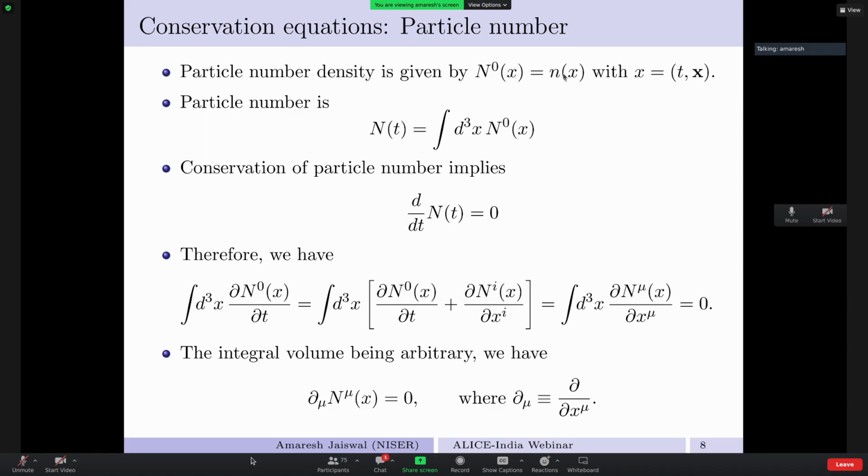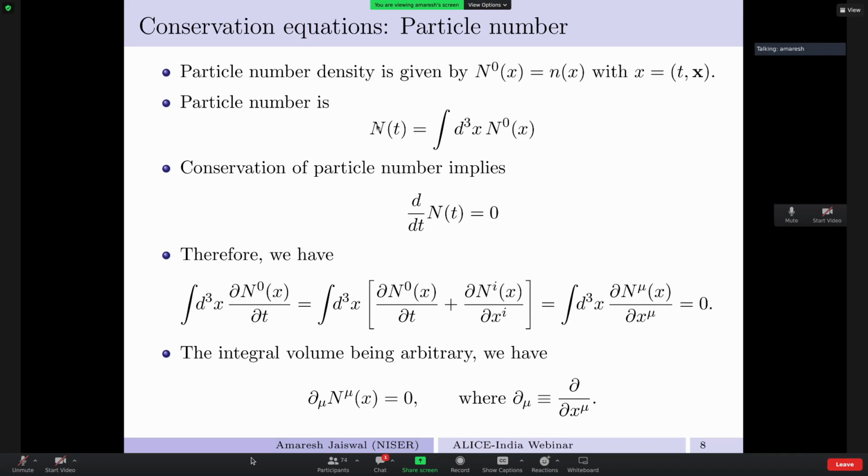So this is 4 vector x, x mu essentially. The total particle number would be the particle density integrated over the volume of the fireball, or whatever volume of the system I have. So this is the total particle number in the system.